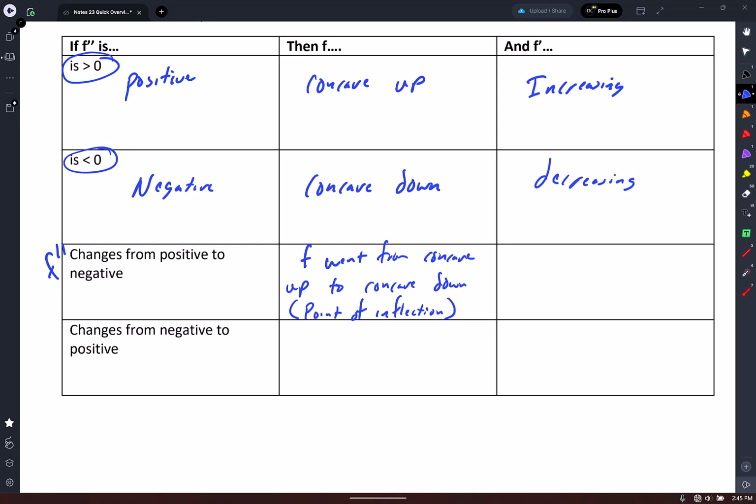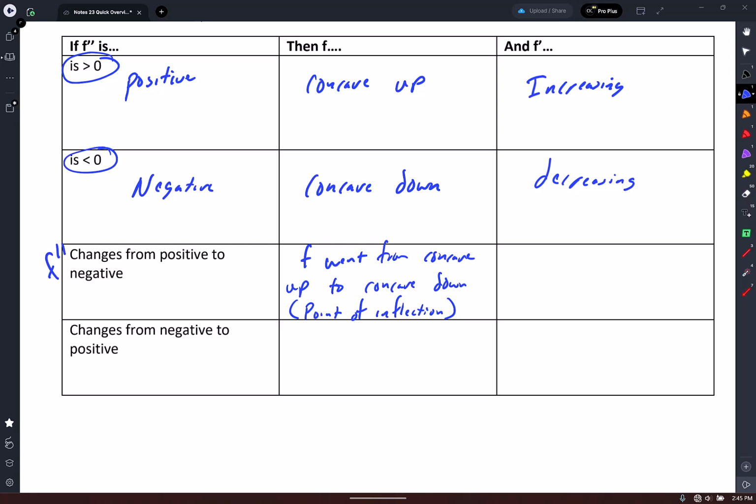All right, think about it, guys. If f prime prime changes from positive to negative, what does it mean about f prime? It's a max. So we're gonna write two things. It went from increasing to decreasing. Which means, in parentheses, that f prime has a relative max.